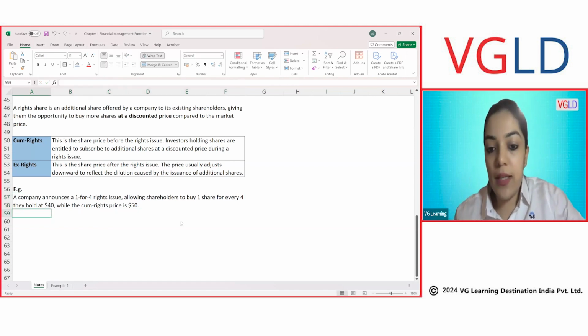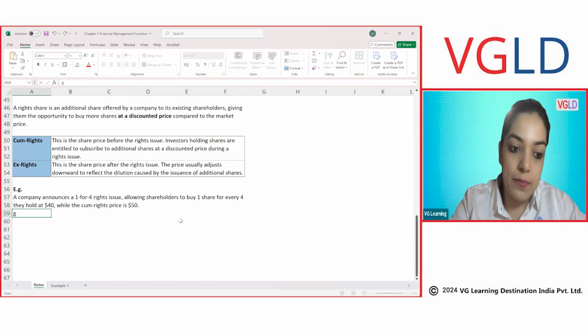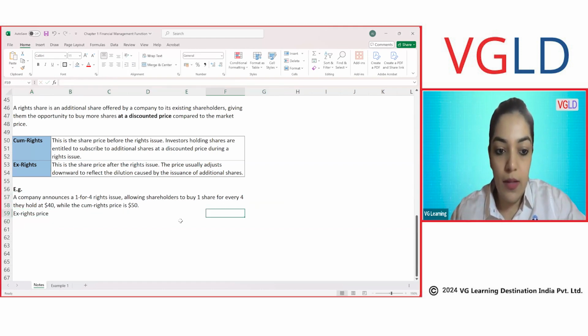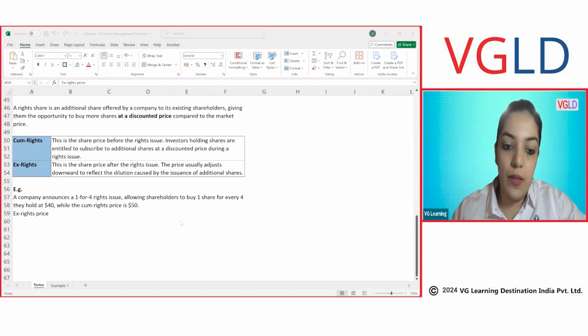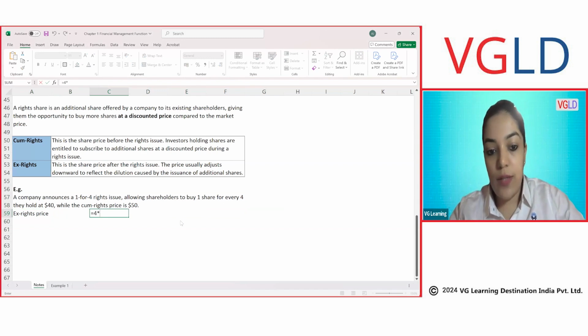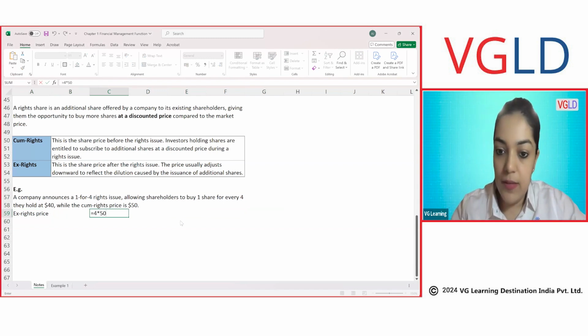So what would be the ex rights price? How do I calculate the ex rights price? It is going to be 4 shares at 50, since anyone who acquires the shares now will have to pay $50 per share to become eligible for the rights issue.